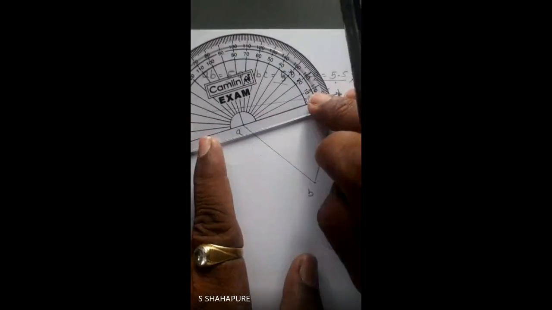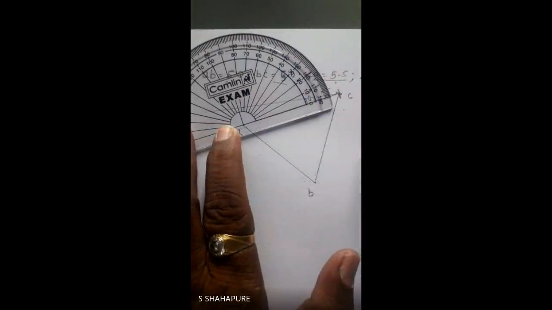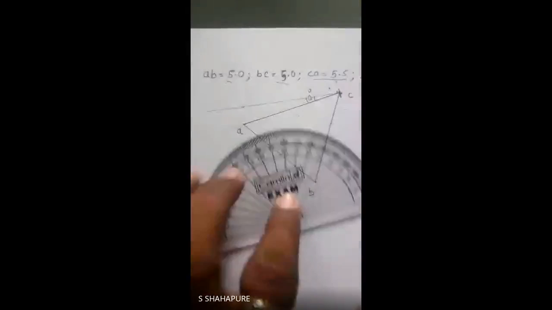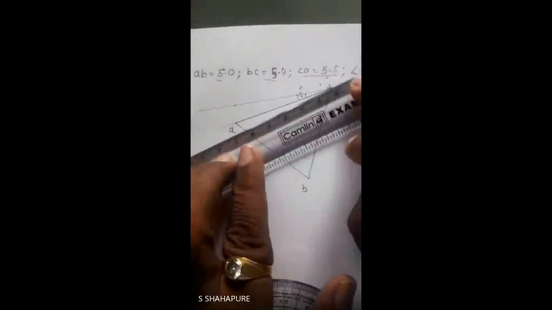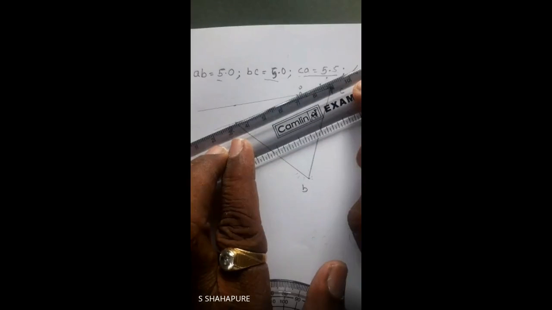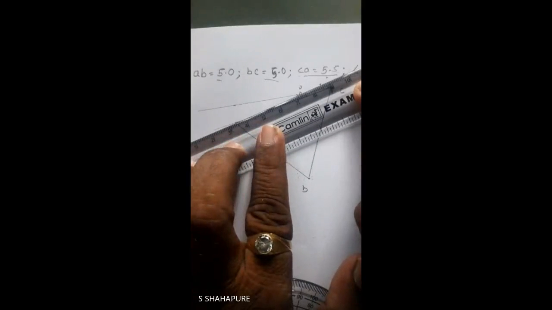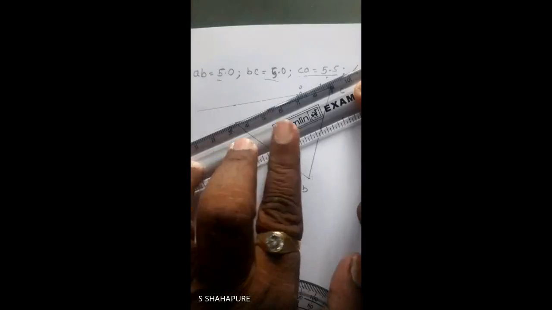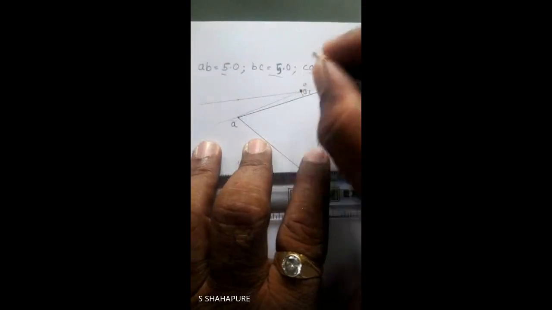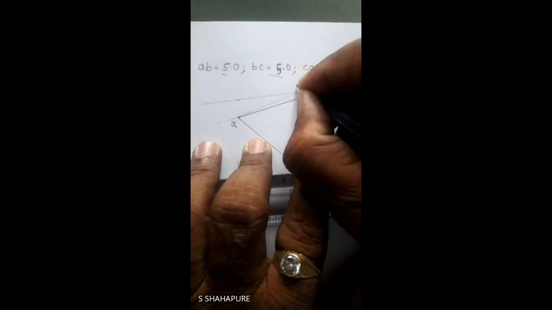Using this protractor, you can make this 5 degrees somewhere here and draw the line. And the intersection point, you call it as, say, P.